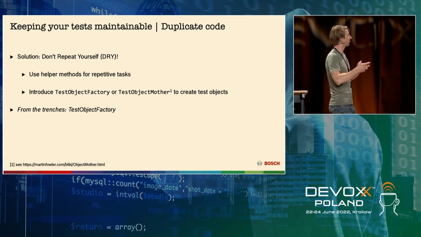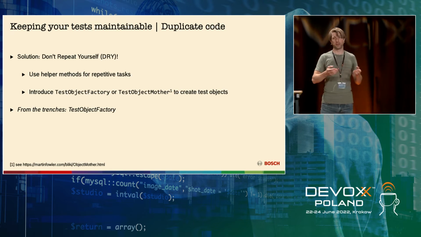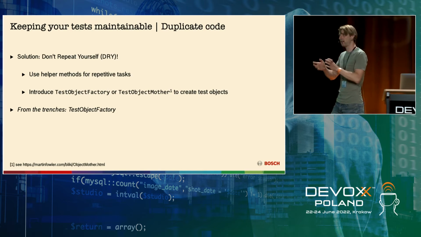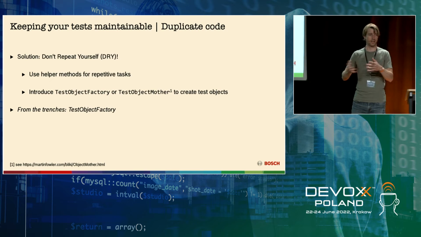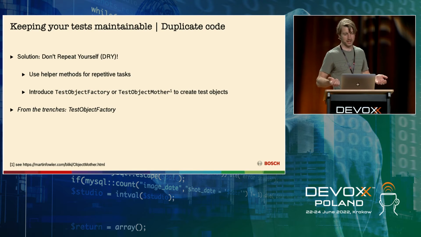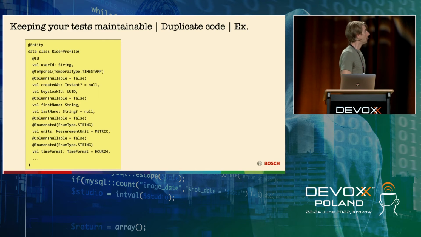So it could also be part of your vocabulary. A factory doesn't know its products, but a mother knows her children. That's the analogy. But basically, it does the same thing. It creates an object.